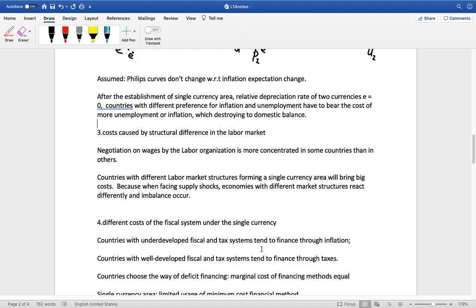The opposite is true when the wage negotiations are less centralized. Individual and independent labor organizations believe that increasing their own nominal wage has no effect on the overall price level of the country because they are only part of the overall labor market, and therefore they tend to demand higher nominal wages.